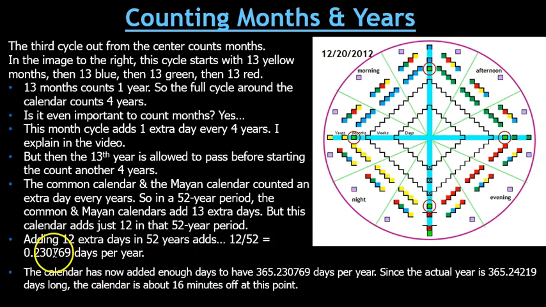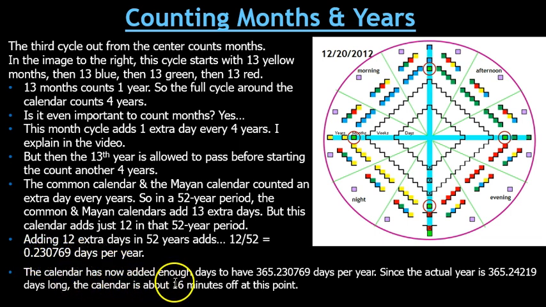So you're really adding 12 extra days in a 52-year cycle, whereas in the Mayan calendar and the calendar that we use, we're adding 13 extra days in a 52-year cycle. But this calendar adds just 12 days in a 52-year cycle. By doing that, you're adding another 0.230769 days per year.